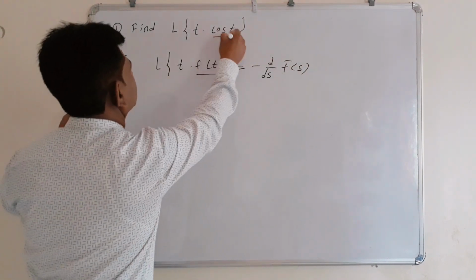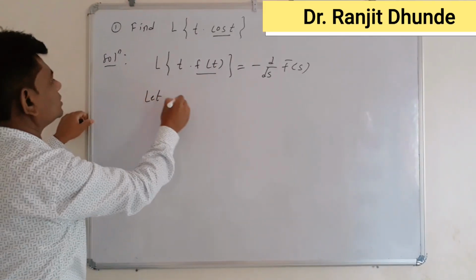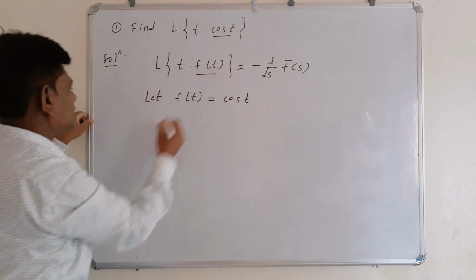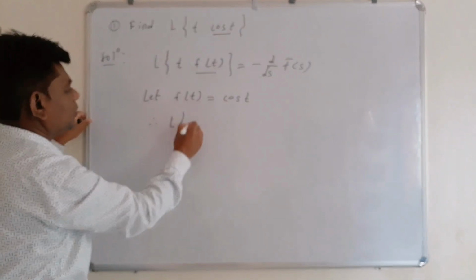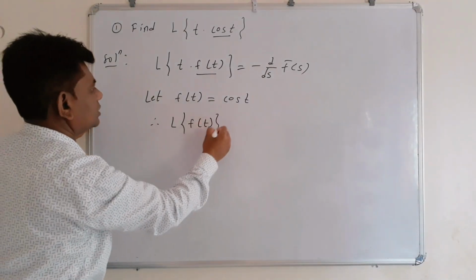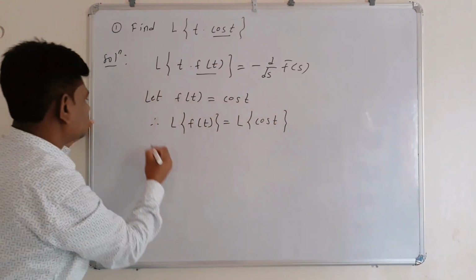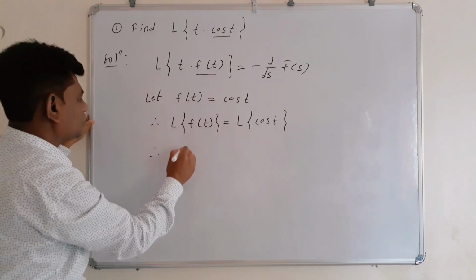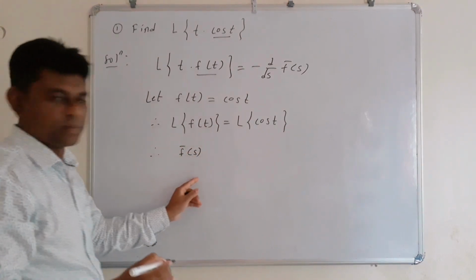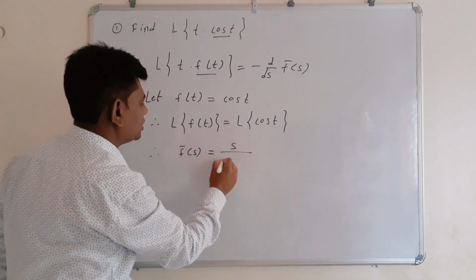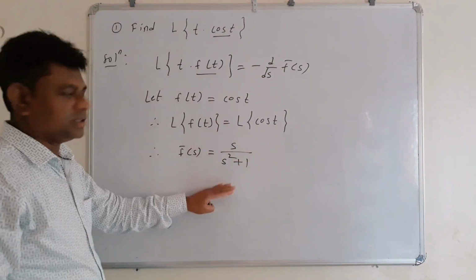Now here let this f of t is equal to cos t, and therefore Laplace transform of f of t is equal to Laplace transform of cos t, and this Laplace transform of f of t is denoted by f bar s, and Laplace transform of cos t, answer is s upon s square plus 1.